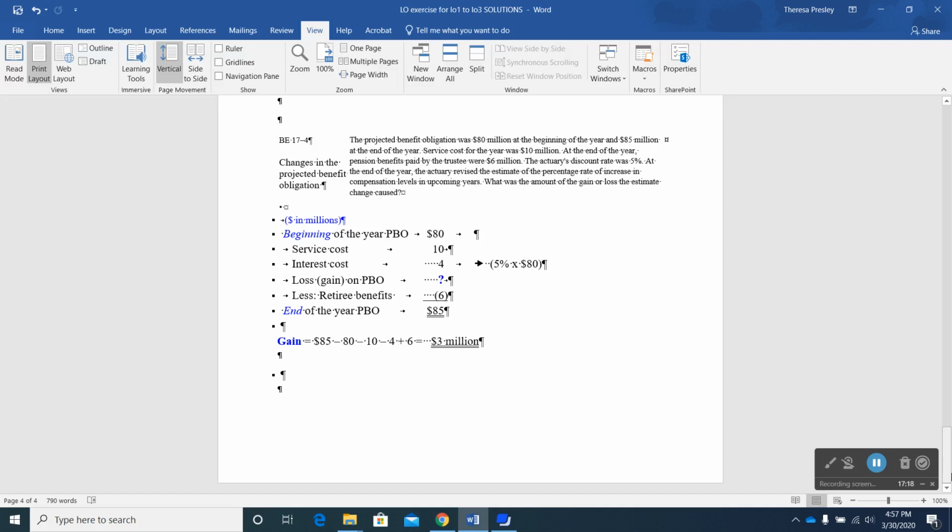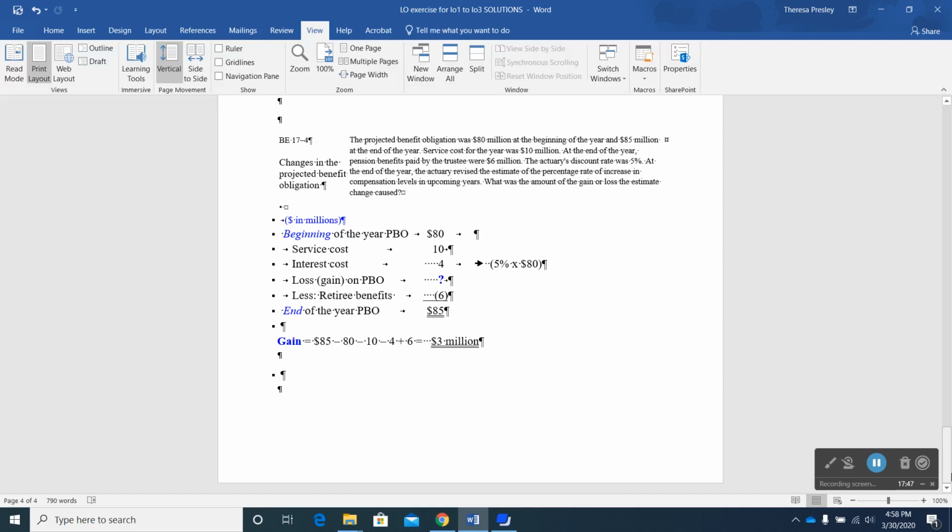Remember, this is a liability. And the two primary reasons why our PBO would go up are service cost and interest cost. Service cost, because another year has been worked, and interest is interest calculated on beginning balance, which is 5% here or 4. And if we reduce our PBO because we pay out benefits, that shows up here as a negative.